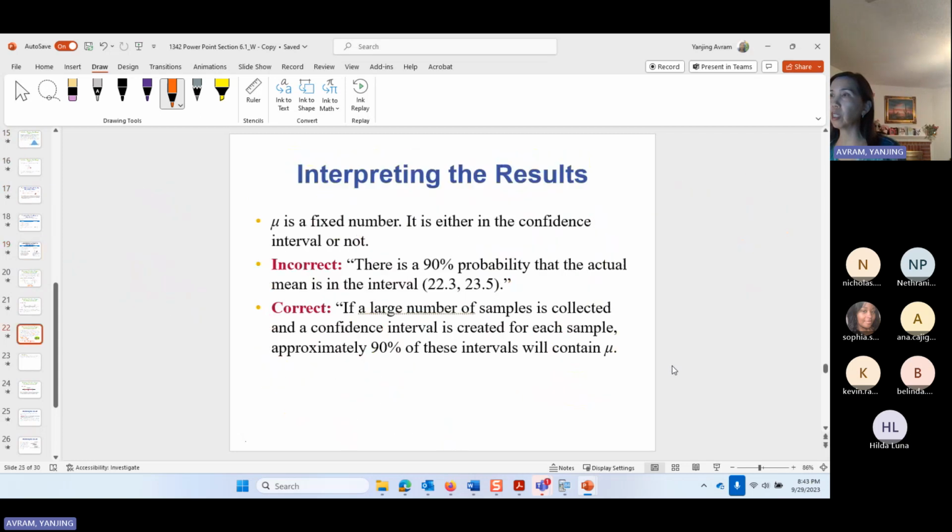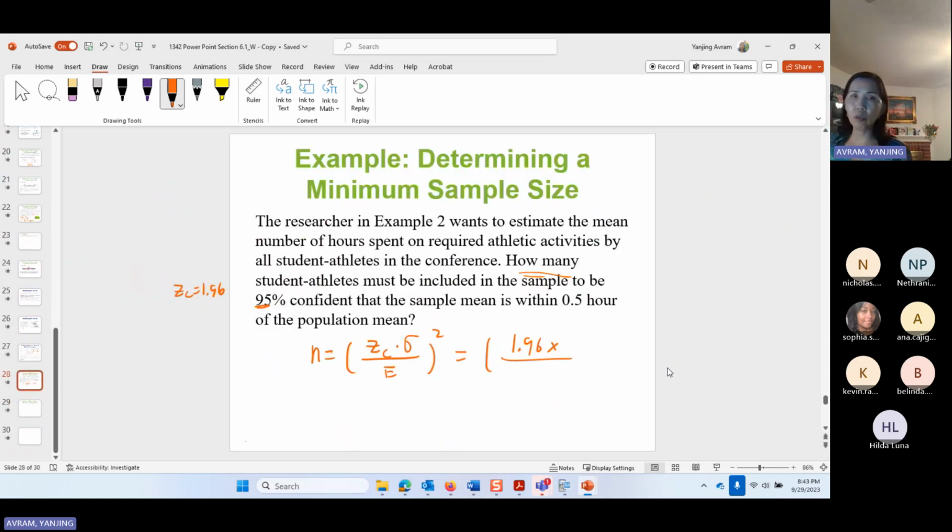And we want the margin of error to be within 0.5 hours, so that's the E. The margin of error will be 0.5, and then we square them.